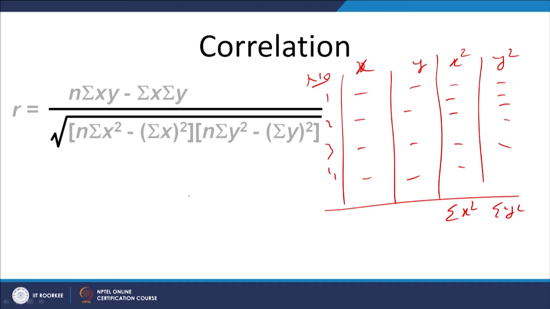So, if R is say 0.8, the relationship is positive, and if R is minus 0.3, there is a weak negative correlation, and 0.8 is a strong positive correlation between the x and y values.